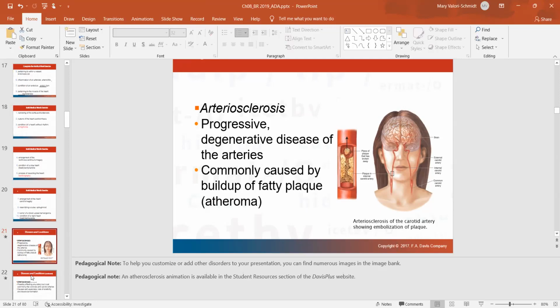They also call it hardening of the arteries. You'll hear older folks call it that. It's something that's progressive and degenerative. And usually it's caused by fatty plaque. So people with high cholesterol will wind up with arteriosclerosis in addition to atherosclerosis, but it can also come from age, right?